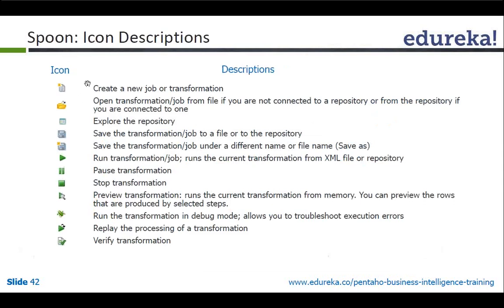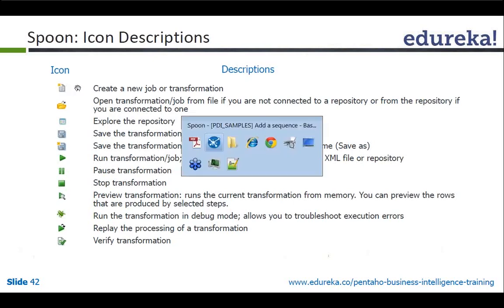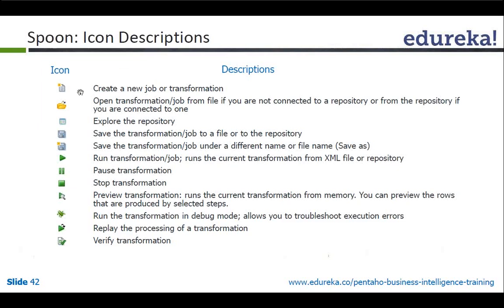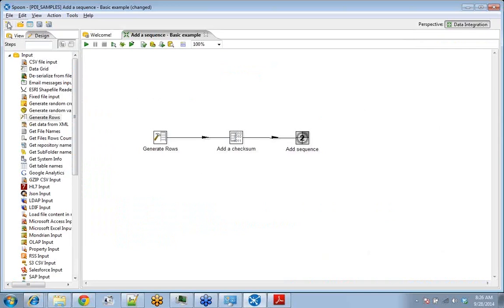So these are the descriptions of icons. These icons are first on the main toolbar. Create a new job. So if you click, it gives you options: you want to create a new job, or new transformation, or new database connection, or slave server.